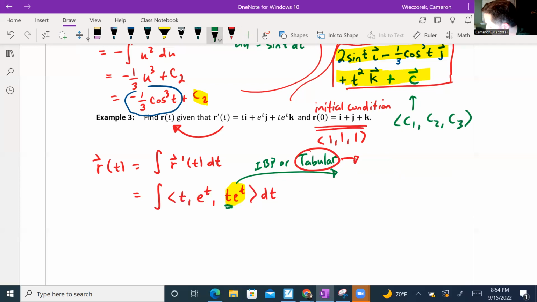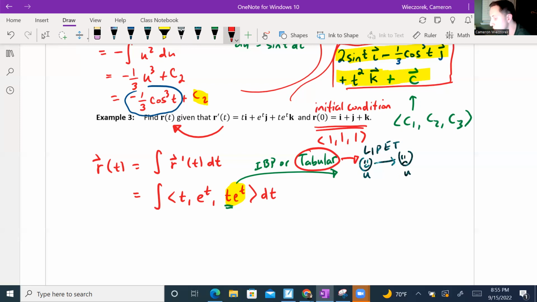Your u in this case, if you remember your best choice of u, whenever you're using tabular or integration by parts, you can use the acronym LIPET. This would be your best choice of u all the way to your worst choice of u. It stands for logarithms, inverse trig functions like arctan, arcsine, arccosine, polynomials like t, t squared, t cubed.